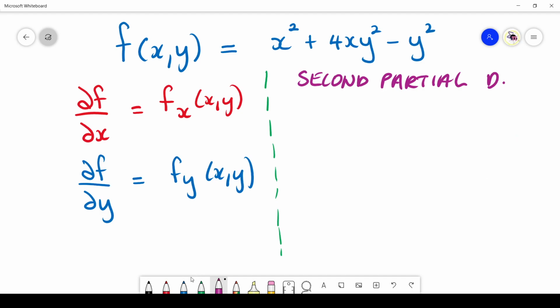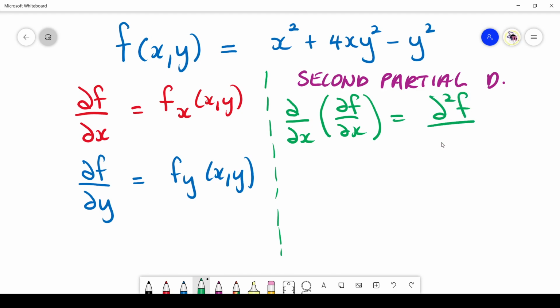So one of the first types you can have is if you choose to differentiate your function with respect to x after you differentiated it with respect to x the first time. What you end up getting is delta 2f delta x squared.